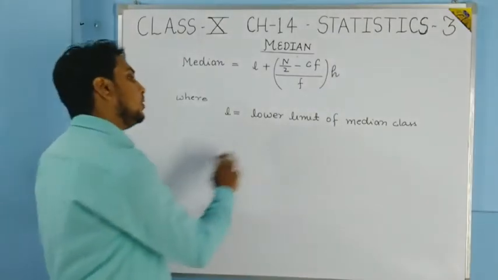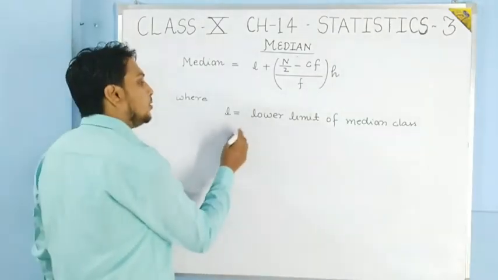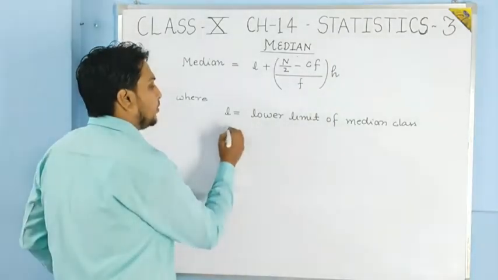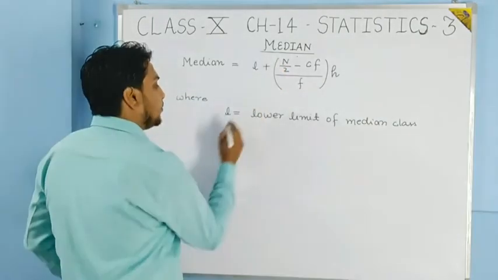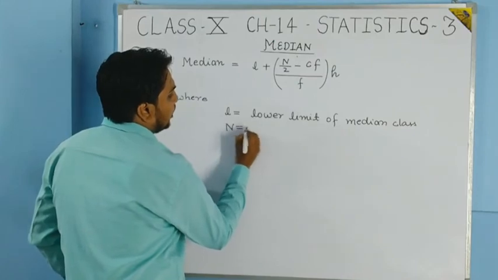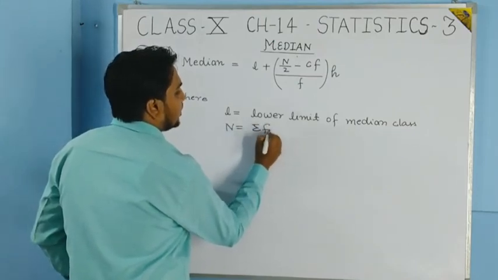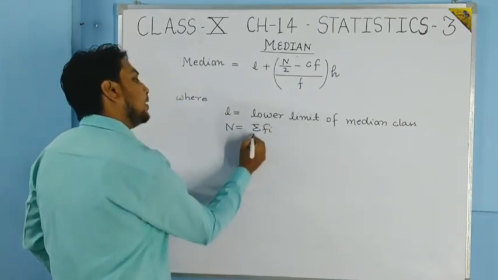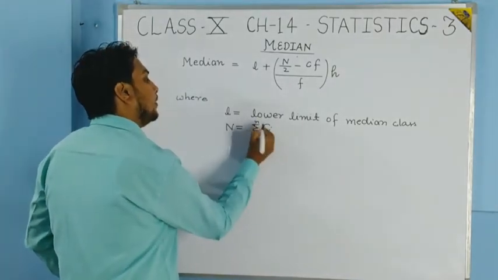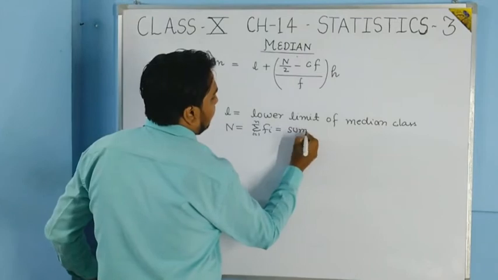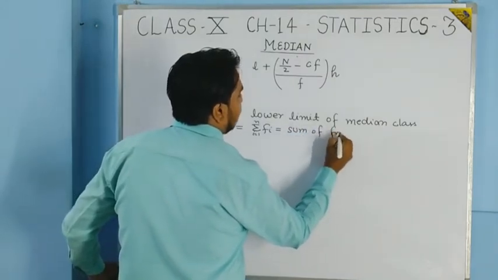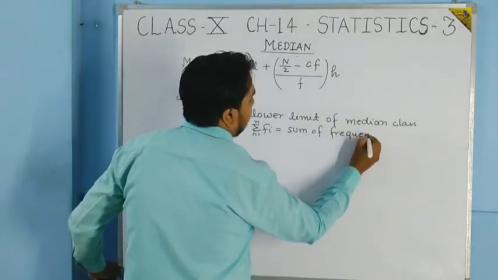Today you just note it down. Then n is what? N, you know, is the sum of frequencies, the sum over i equal to 1 to n.